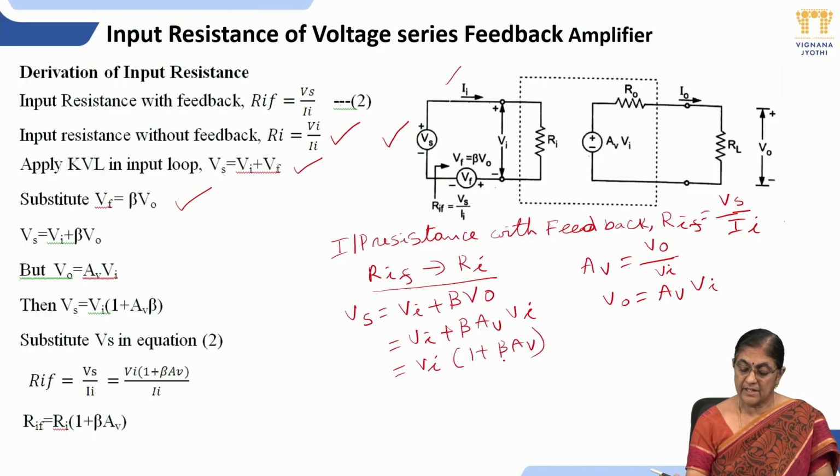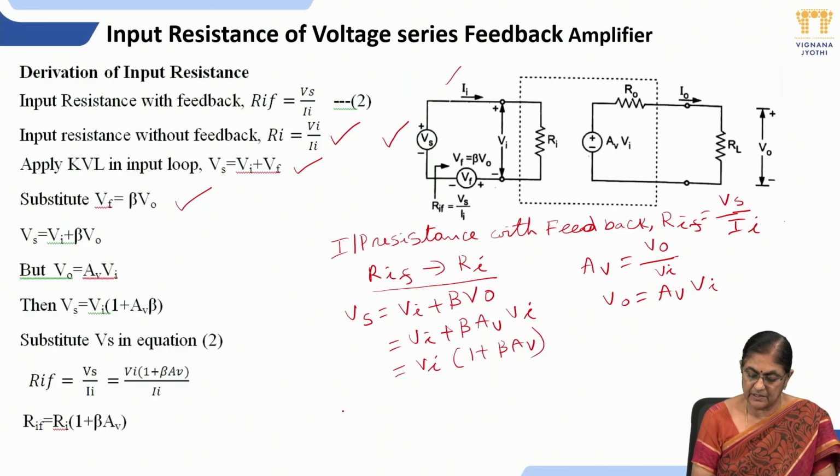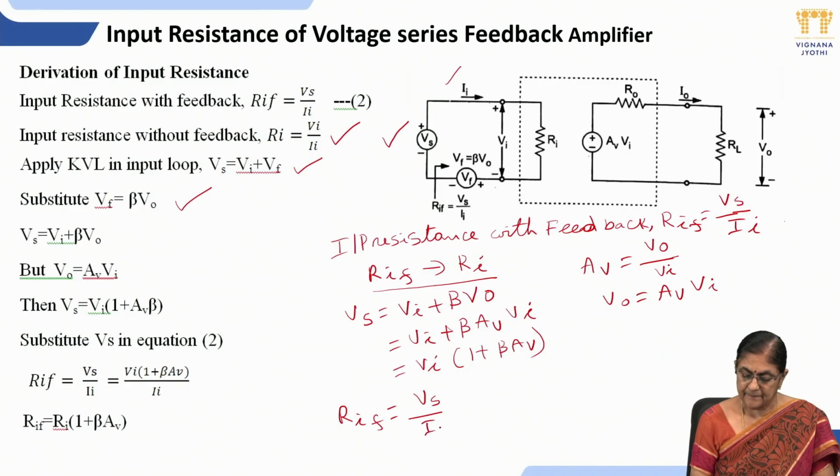Okay. So already we have seen the expression for input resistance with feedback. RIF is equals to Vs by Ii. Substitute Vs in this expression. That is equals to Vi into 1 plus beta AV divided by Ii.